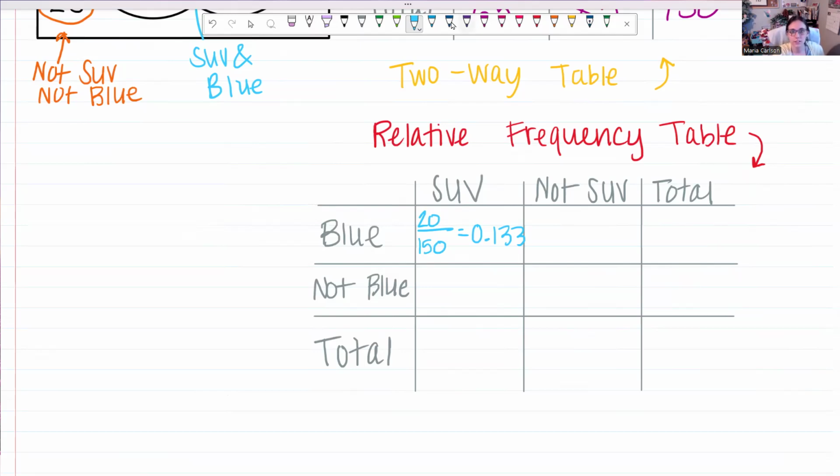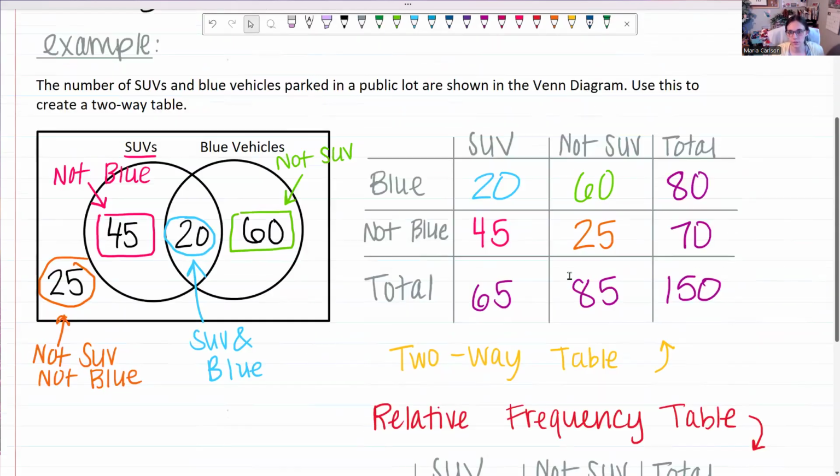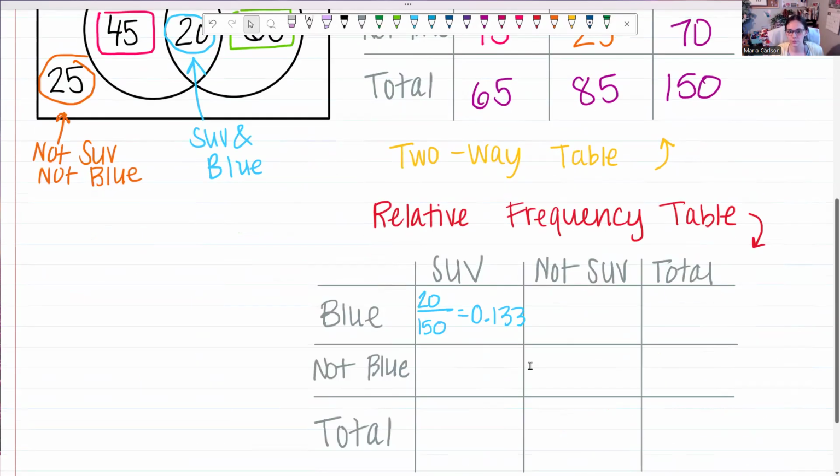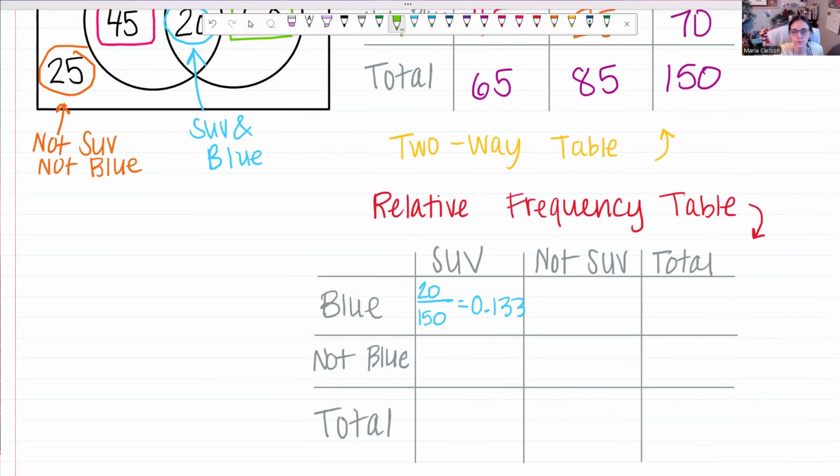All right, let's do the relative frequency of the not SUVs that are blue. So 60 of those in total, 60 blue not SUVs out of the 150 total. So 60 over 150, it's really the same as 6 divided by 15, is 0.4 as our relative frequency.